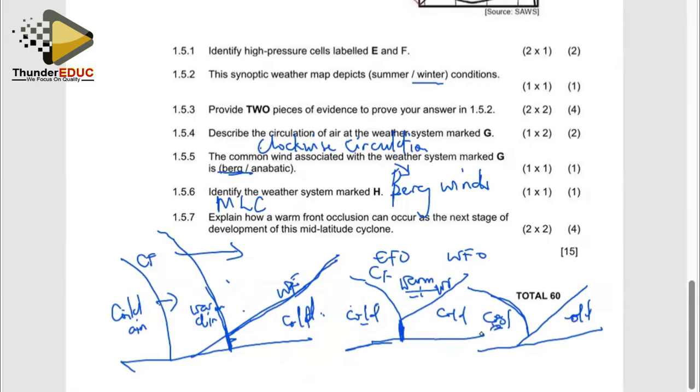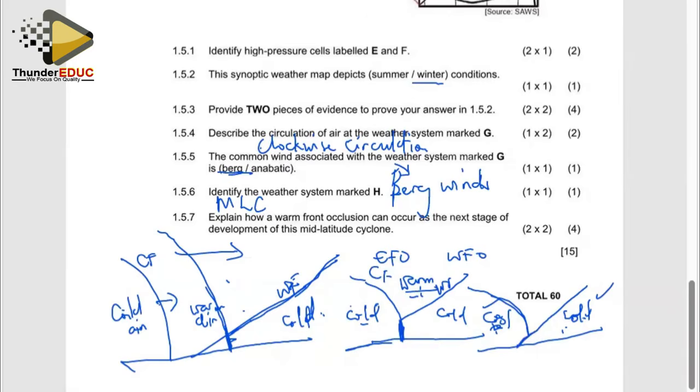The difference there. Both of them are slightly cold, but the temperatures are different. This one is slightly cold, but this one is very cold. So for the reason this one is more dense than this, it cannot effectively undercut the cold. So the warm front is the one that continues to touch the ground. This is a warm front occlusion.